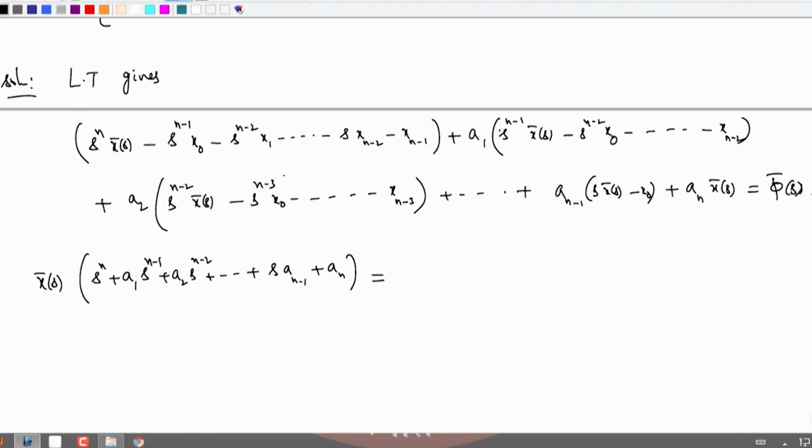On the right hand side, take everything to the right hand side, you see that phi bar of s plus, here I collect the coefficients of x naught. If you collect, that is a polynomial in s with degree n minus 1, and here plus a 1.